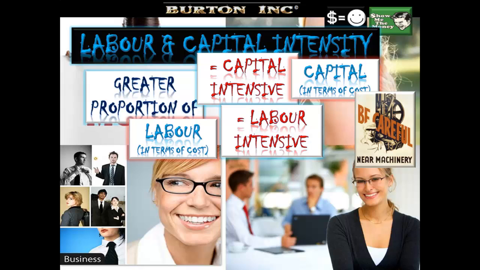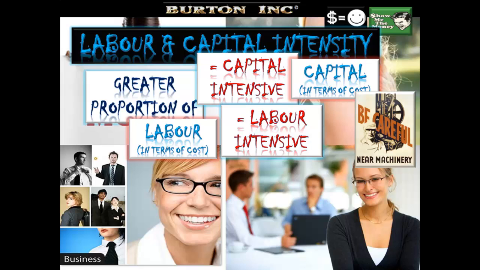So the business is looking at its costs. If the greater proportion of its production costs are being paid in salary and wages, then we're talking about a labour intensive industry, and just vice versa for capital intensity.